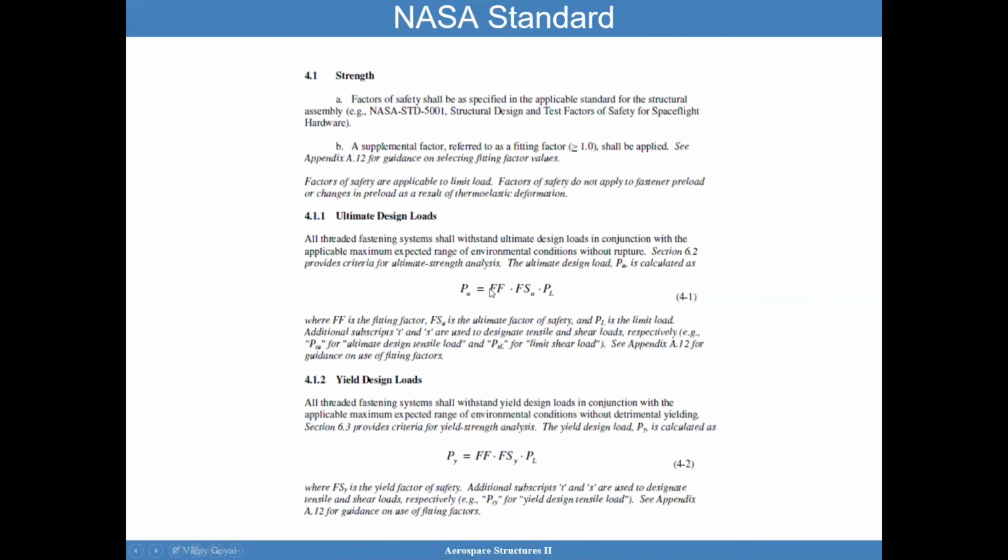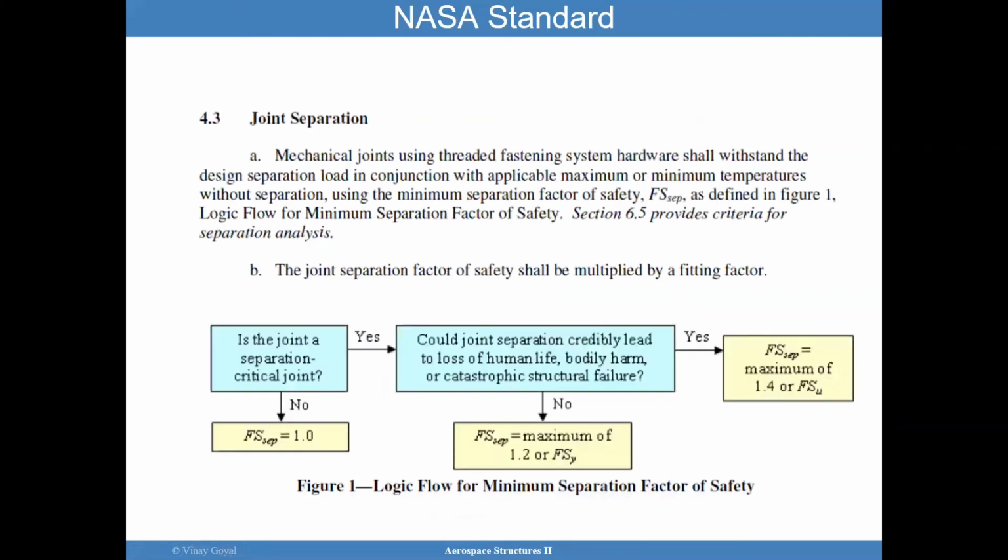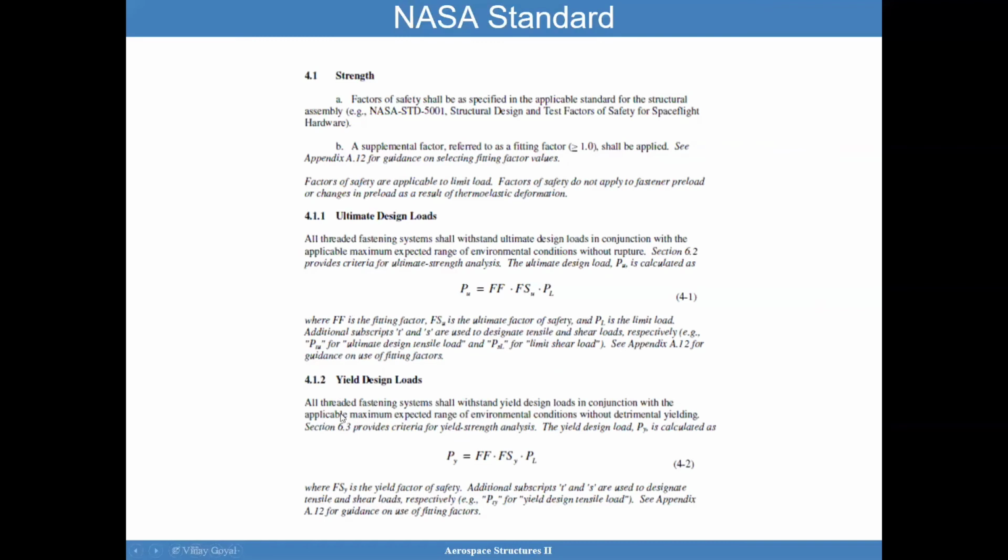But the fitting factor is something that has been used in industry, typically of 1.15, that could help account for some misalignments or non-uniformities because not all bolts are engaged at the same time, or there are some situations with misalignments as discussed. We also can calculate it for yield design loads, so we'll use a yield factor safety instead. And notice that we want to do these calculations for the worst case combination of loads and environments.